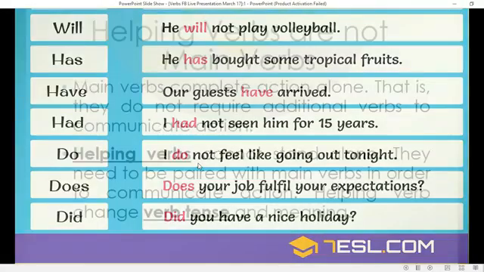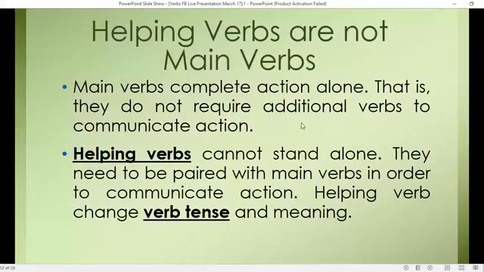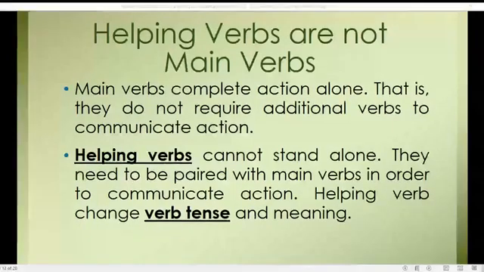So let's now proceed with the explanation. Why do we need to understand why helping verbs cannot also become main verbs? So here's the explanation. Number one, main verbs complete an action alone. So, ibig sabihin, it is also an independent clause. That is, they do not require an additional verb to communicate an action. So, bakit ganito yung explanation?